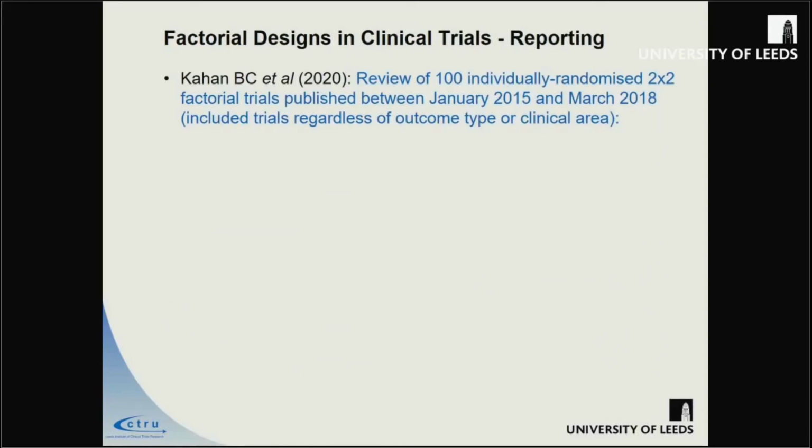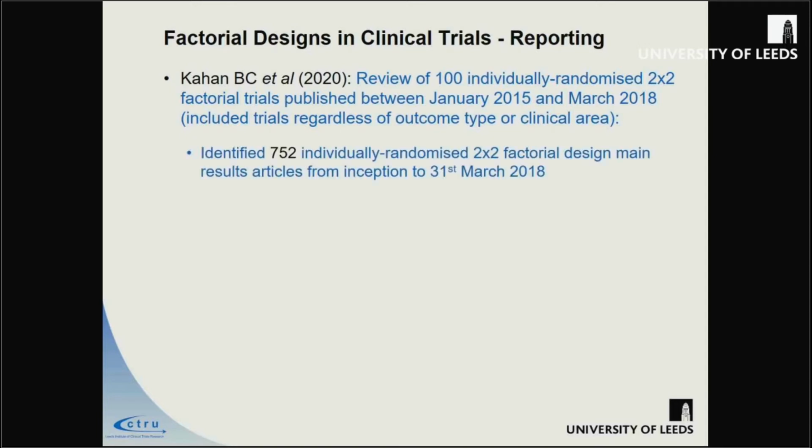So he also did a review of 100 trials recently published between 2015 and 2018, and he used those across the board. So previous reviews have been done within particular outcomes or clinical areas. This was a review across the board. And he identified 752 2x2 factorial clinical trials in general, and then reduced that down to a random sample of those between those two dates.